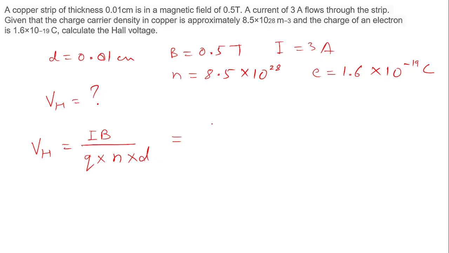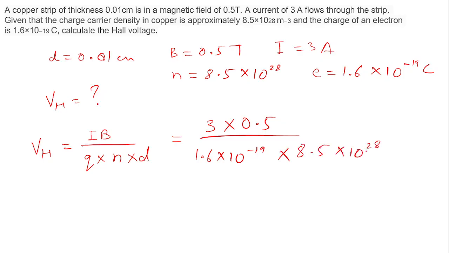Substituting these values: current 3 ampere, magnetic field 0.5 Tesla, charge 1.6 times 10 to the power minus 19 coulomb, carrier density 8.5 times 10 to the power 28 per meter cube, and the thickness of the sample. Everything is in SI unit, so we should better convert this into SI unit also. It's in centimeter. 1 meter is 100 centimeter, so 1 centimeter is 10 to the power minus 2 meter.